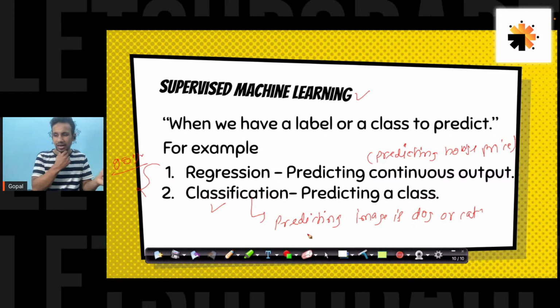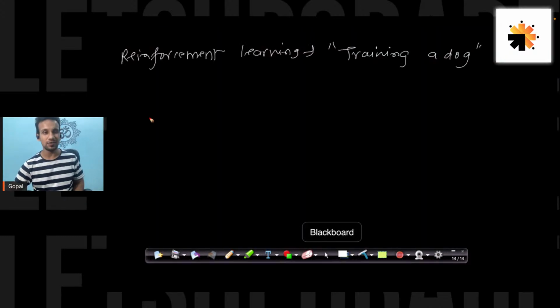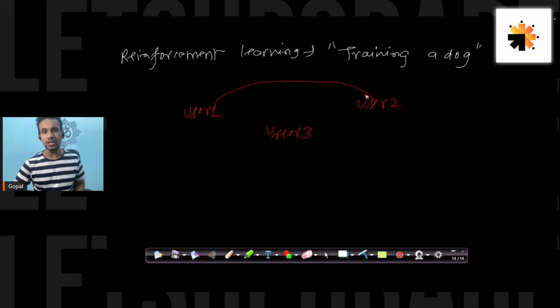I cannot remember the exact date. When you get that notification, let's say for the recommendation system you have user 1 and user 2, and let's say you have a user 3 as well. Let's say user 1 and user 2 are friends.